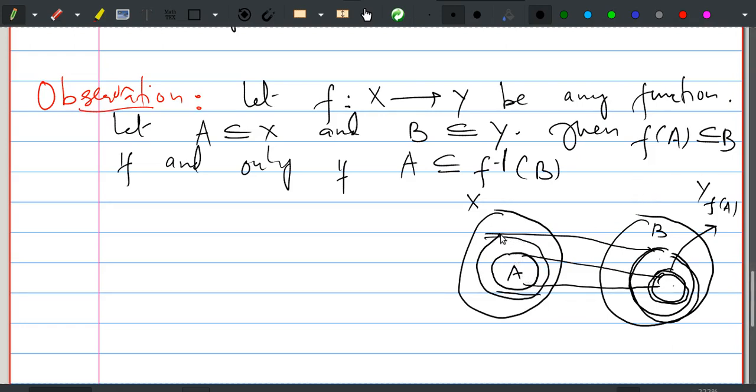Similarly, if A is contained in f inverse B, then f of A is contained in B. So this is a straightforward observation.